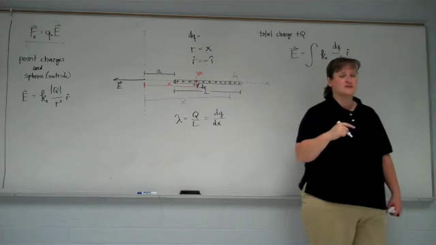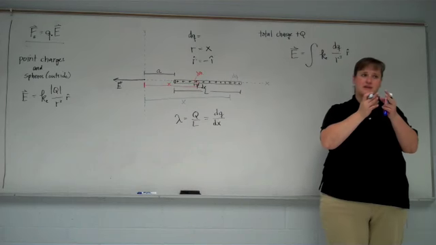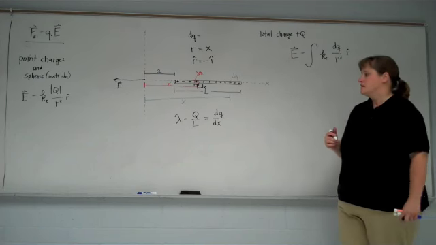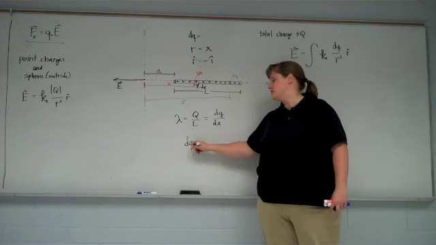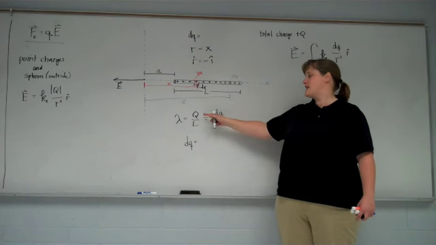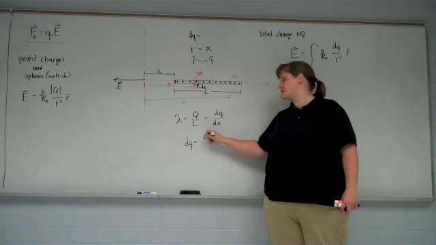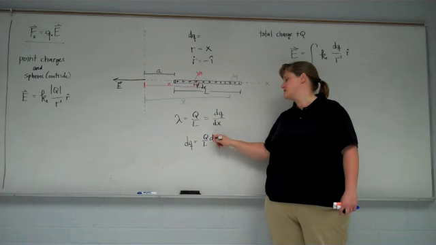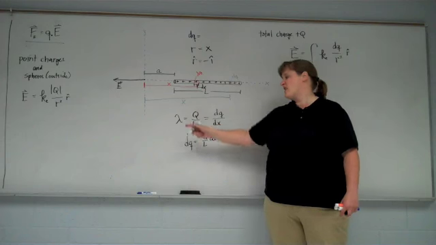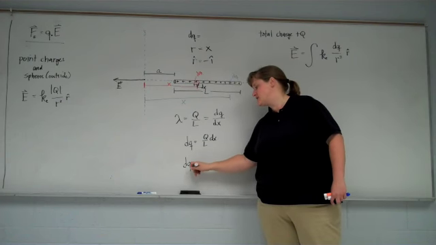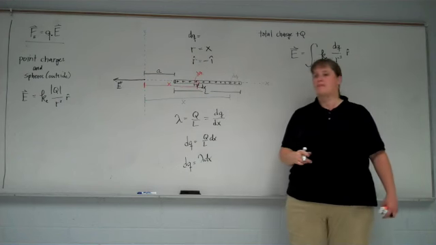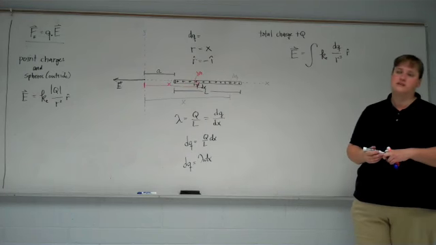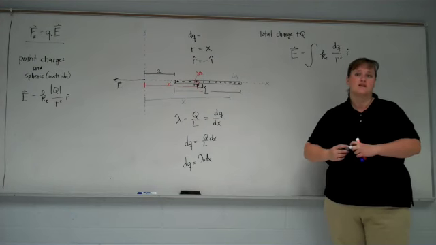The ratio is the same, whether I look at the whole rod or a piece of the rod. So using this relationship, we can solve for dq. If we bring dx up, we can say dq is equal to Q over L times dx. Or if you want to write it in terms of lambda, you can say dq is equal to lambda dx. They're equivalent. Okay, those are the same thing.